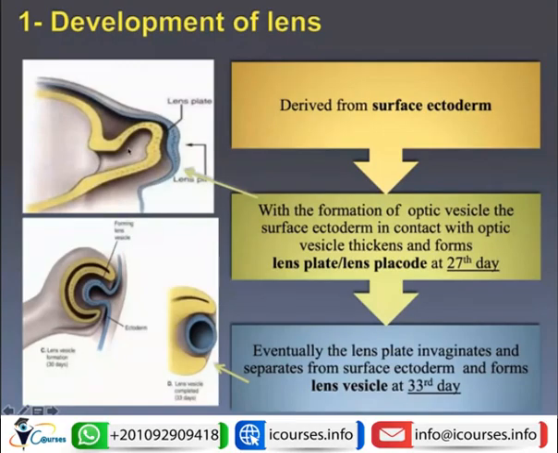So how could this be possible? This is because the surface ectoderm will invaginate inside the developing optic cup, leading to presence of the lens vesicle within the optic cup. So the lens has now become an intraocular structure.